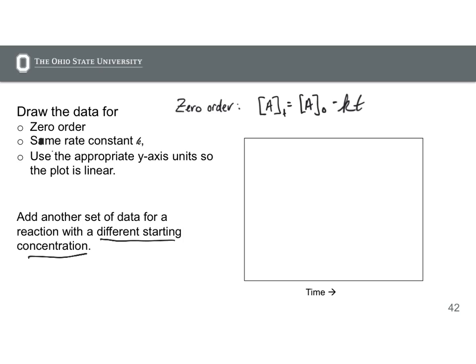So we drew the last one, we all agreed. We have concentration of A versus time, slope of minus k. But what happens if you have a different starting concentration? What's that look like?